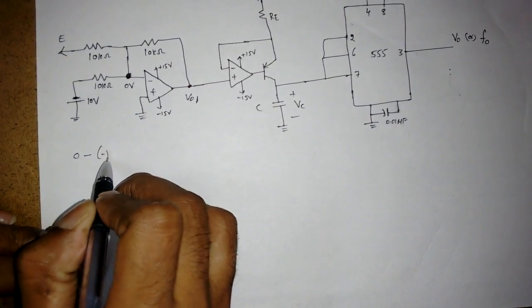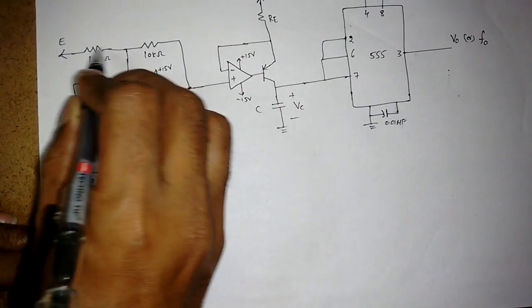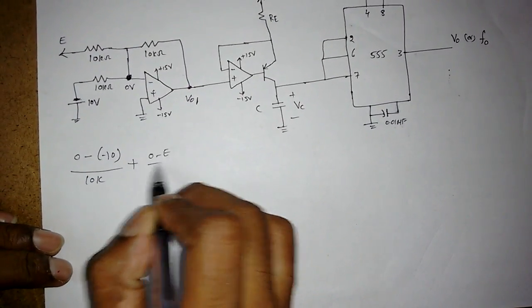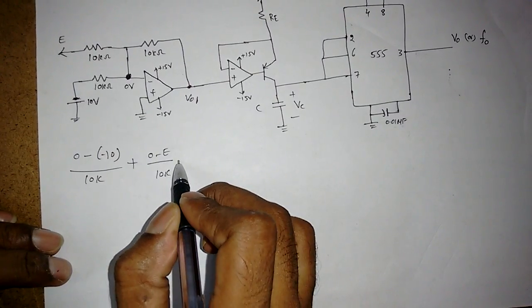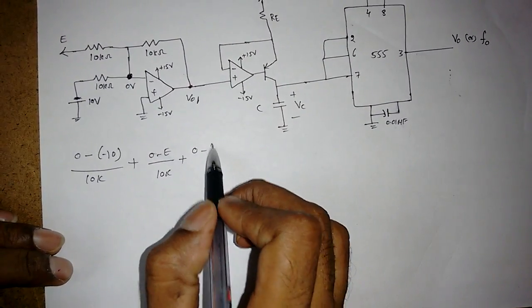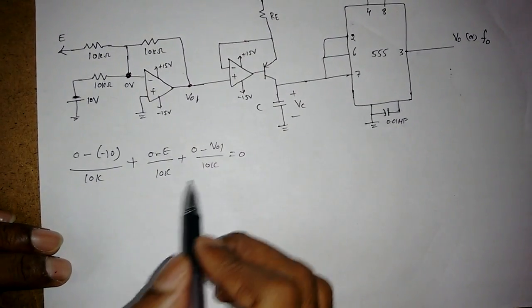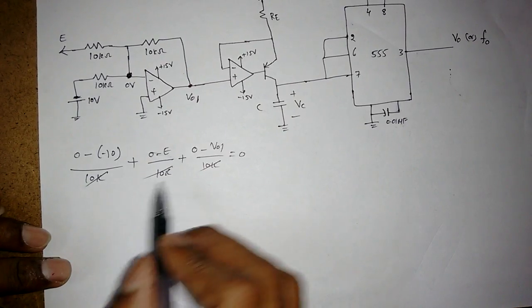Nodal analysis: (0 minus 10) by 10 kilo ohm plus (0 minus E) by 10 kilo ohm plus, in this path, (0 minus V01) by 10 kilo ohm is equal to 0. All the 10 kilo ohm will cancel.